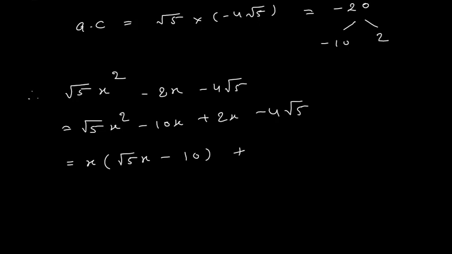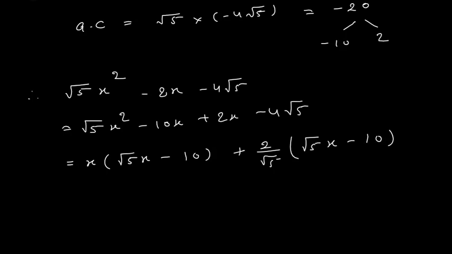As here it is root 5, I have to take root 5 common. So better I will take 2 upon root 5 common. Now when I take 2 upon root 5 common, here I will get root 5 x minus, here I will have 10.